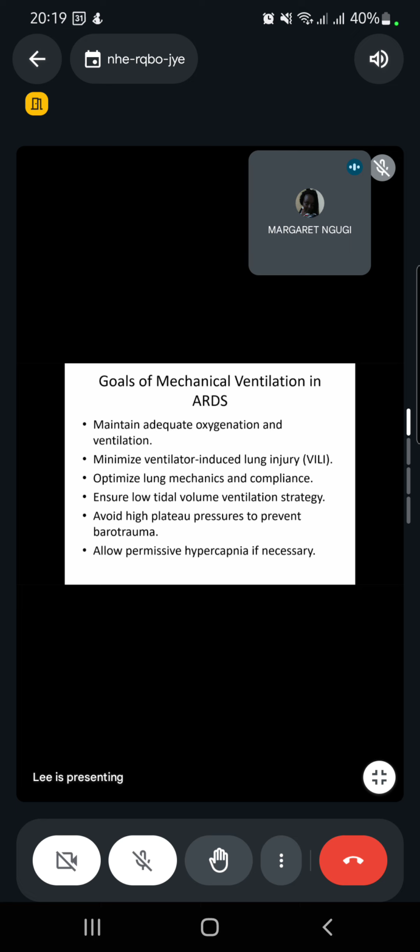So if you get adverse effects, you're supposed to minimize them. You want to optimize lung mechanics and compliance, ensure low tidal volume, avoid high plateau pressures to prevent barotrauma, and allow for permissive hypercapnia if necessary. Next slide.